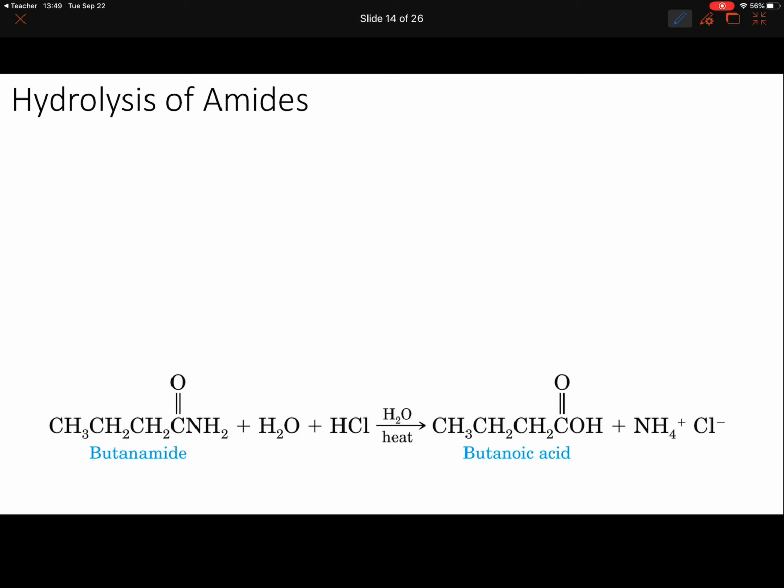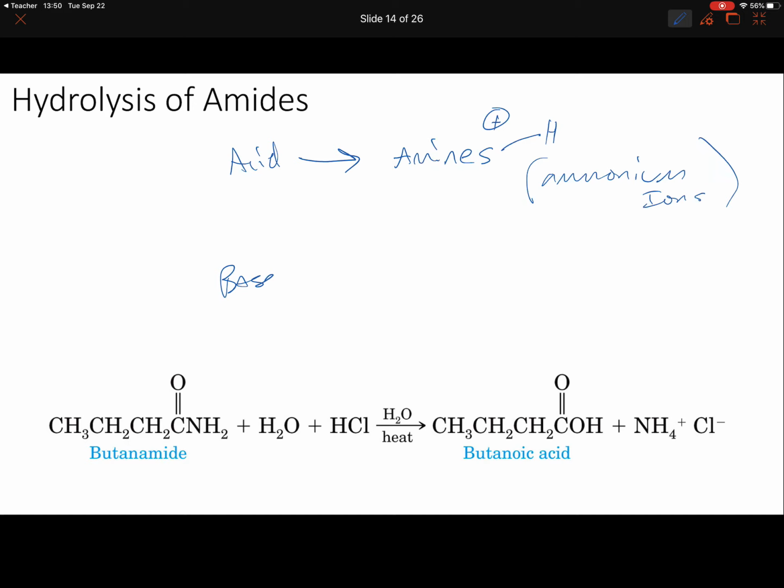The hydrolysis in hot aqueous acid will give a carboxylic acid and an ammonium ion. You got to remember that whenever we have acid conditions, our amines get protonated, and they get a positive charge on them, and we call those ammonium ions.